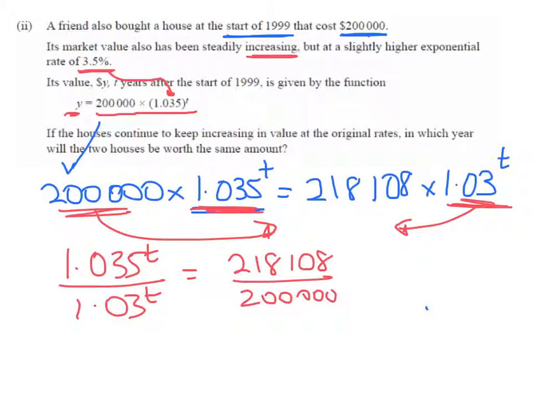Now start putting some things in your calculator at this point, and you'll get on this side 1.0905. So that's that side. I'm going to switch on to a new slide now to do the next little bit.